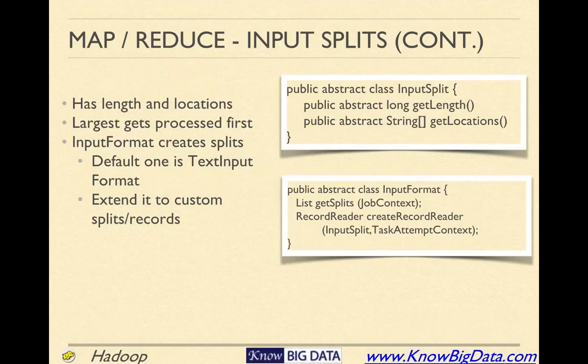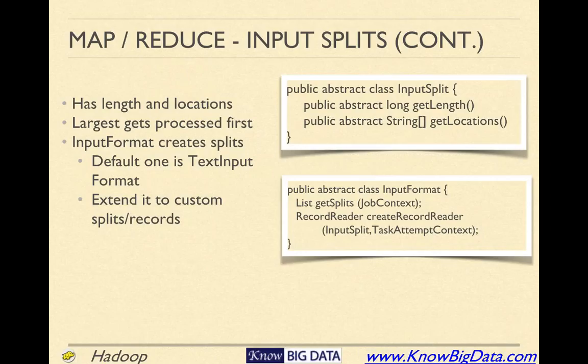Let's say you realize that for your kind of problem you do not have an existing input split. But honestly, before you jump into creating your own input split or input format, for most of the problems you will find input formats available online.